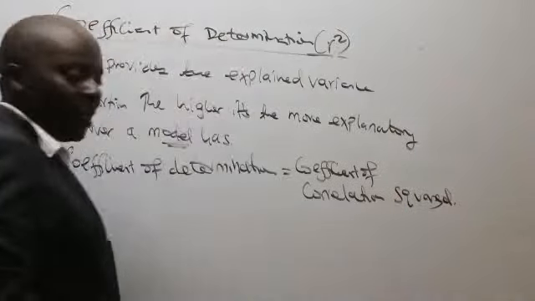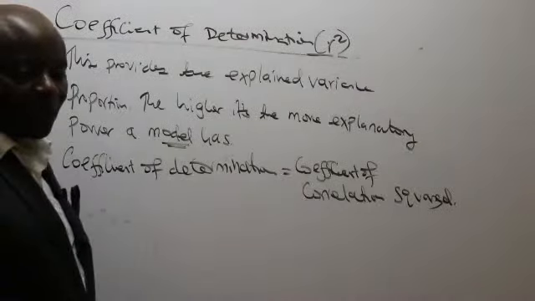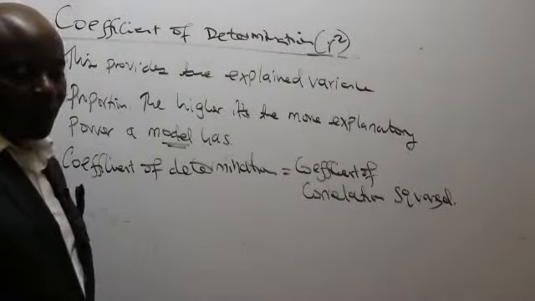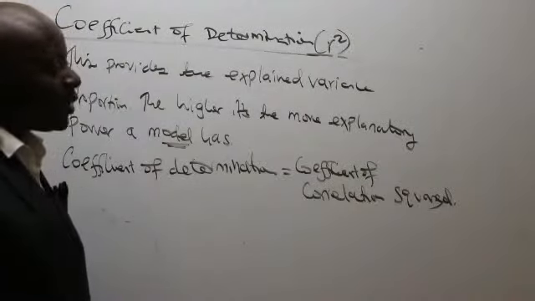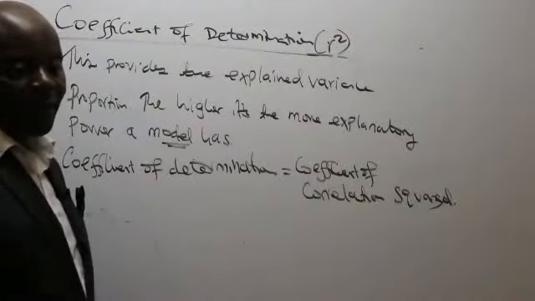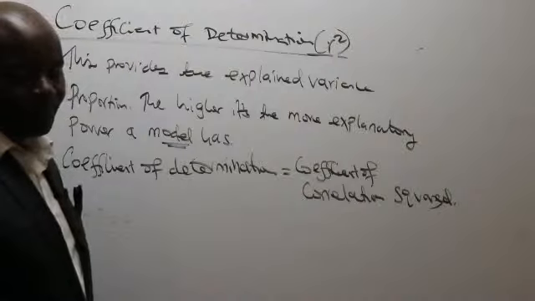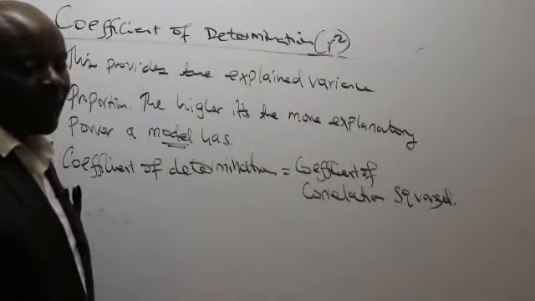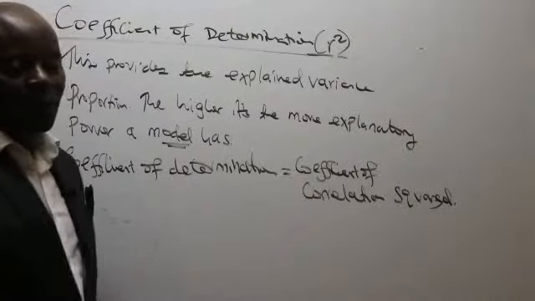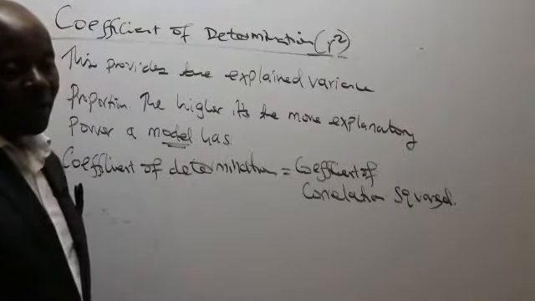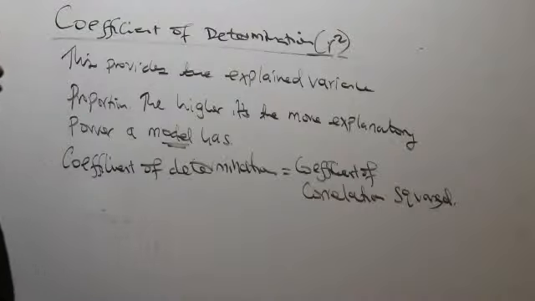So anytime anybody asks you to ascertain the coefficient of determination, remember that it equals the coefficient of correlation squared. Great. Coefficient of determination equals coefficient of correlation squared.